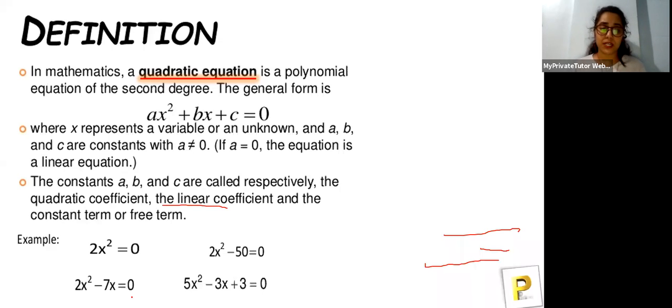So this is also a quadratic equation, an algebraic equation with one variable and highest power 2. Next we have 5x square minus 3x plus 3 is equal to 0. In this you may observe that it is an algebraic equation. It has the highest power 2, and it has one variable throughout the equation. So yes, this is also a quadratic equation.